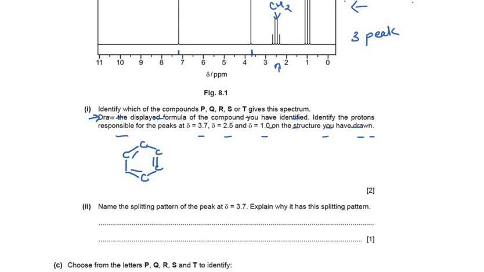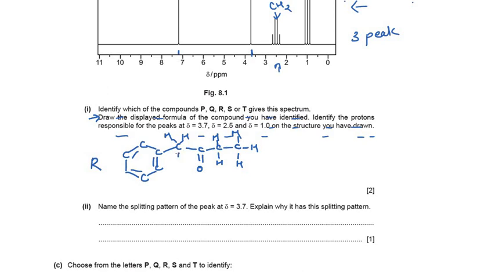And then we have a carbon, CH2 group here. Next we have carbon with a double bond O. Then again we have a CH2 group, and then a CH3 group at the end. This is structure R. Now we need to label these peaks with 3.7, 2.5 and 1.1.